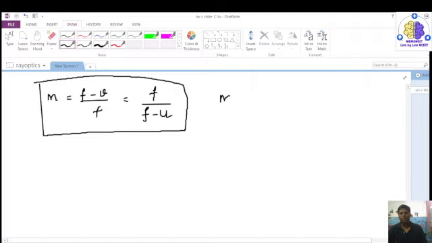What else we have seen is, linear magnification is equal to I upon O, and is equal to minus v upon u, right? So these are the formulae for the linear magnification.